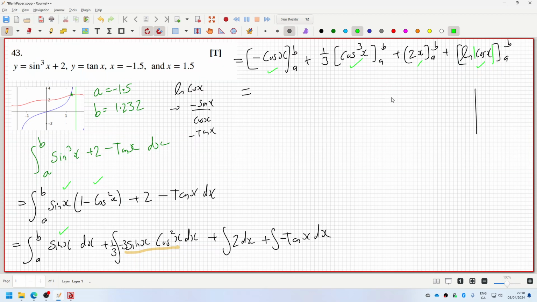1.232. So that is 1.0377 minus, oh, this is looking similar, minus 1.5. This is looking very similar, 5.7119.